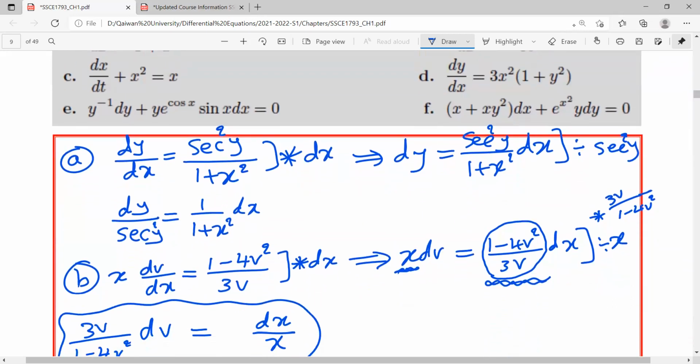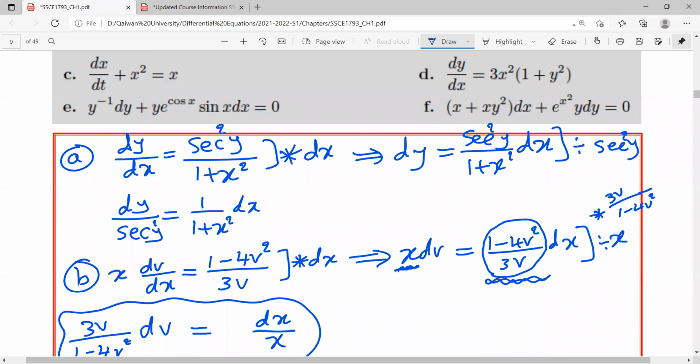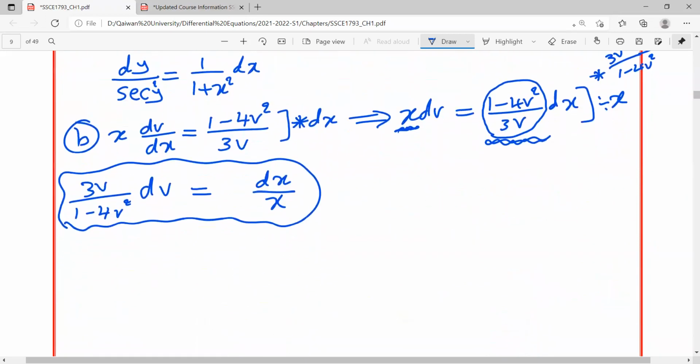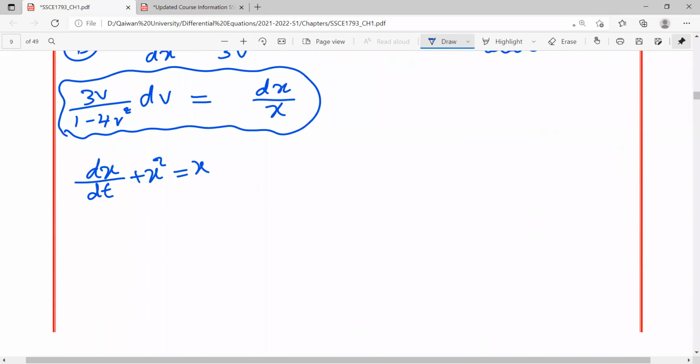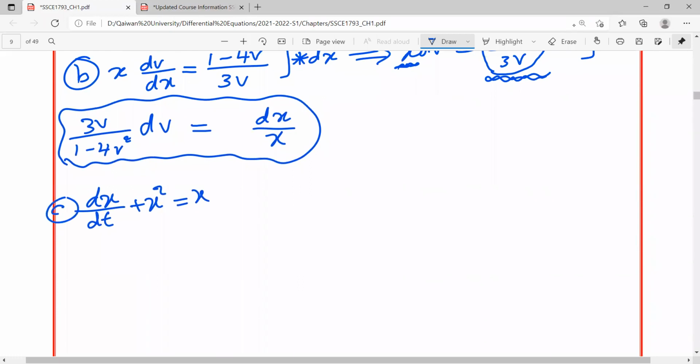For part C, dx over dt plus x squared equals x. Yeah, this is part C. For this one, we should first multiply both sides by dt, or we can move this one to there first and then multiply both sides by dt.